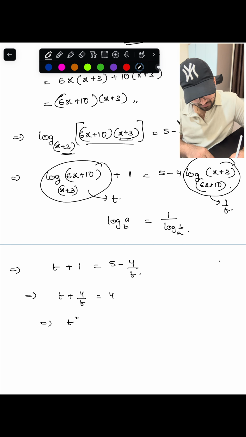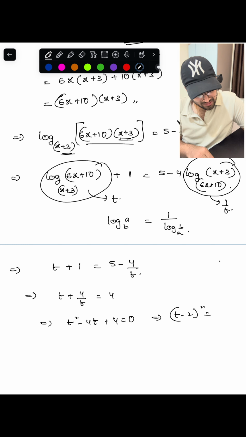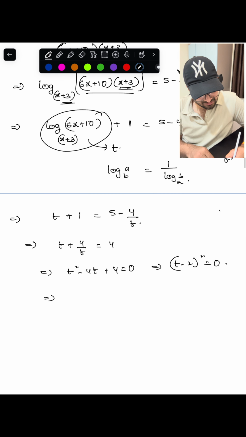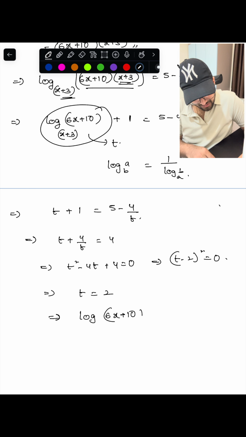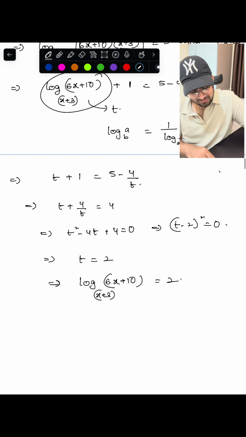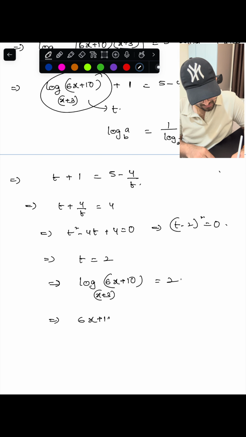So take the LCM, t square minus 4t plus 4 equals 0. So t minus 2 whole square equals 0. So simple, now t is equal to 2. T means what? Log of 6x plus 10 to the base x plus 3 equals 2. So remove the logarithm, so 6x plus 10.